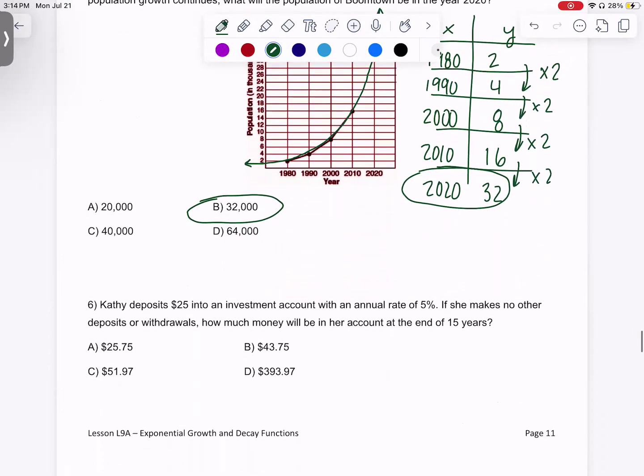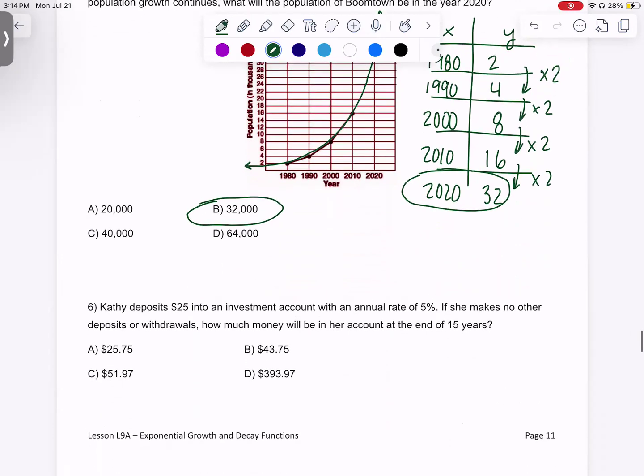Okay. Choice 6, Kathy deposits $25 into an investment account with an annual interest rate of 5%. If she makes no other deposits or withdrawals, how much money will be in her account at the end of 15 years? Here, there's no compounding. So she deposits $25 and they're giving her 5% every year.